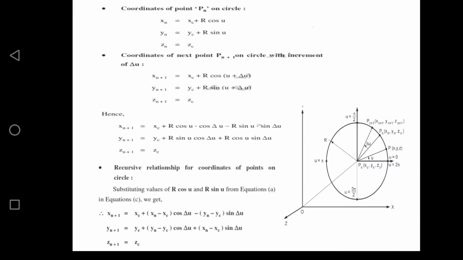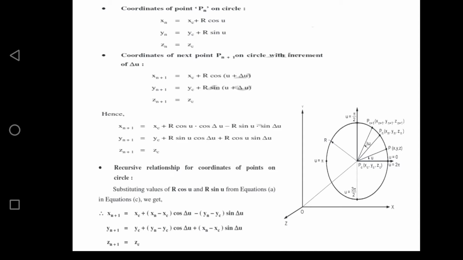If we simplify it more, the cos (a plus b) formula is cos a cos b minus sin a sin b, and sin (a plus b) is sin a cos b plus cos a sin b.